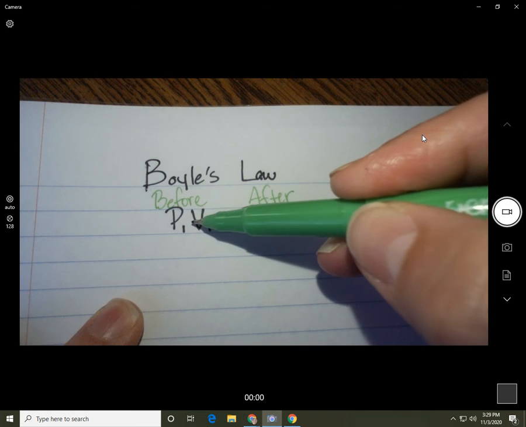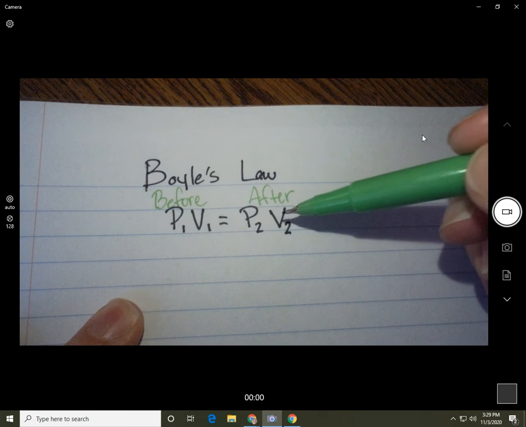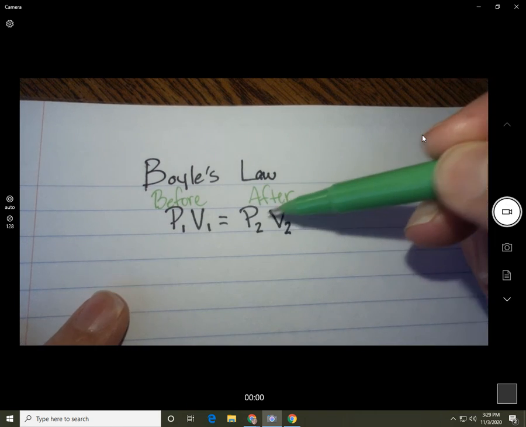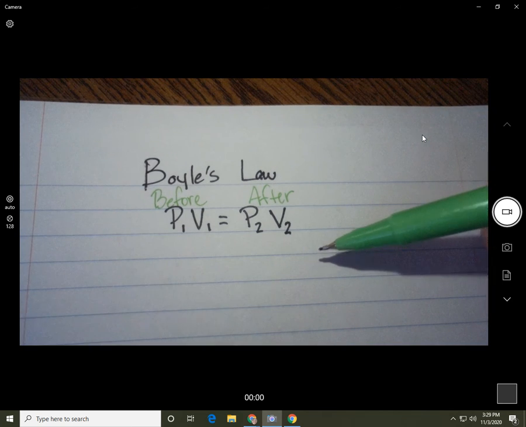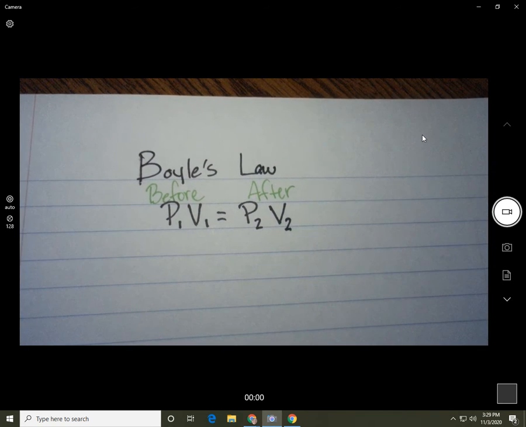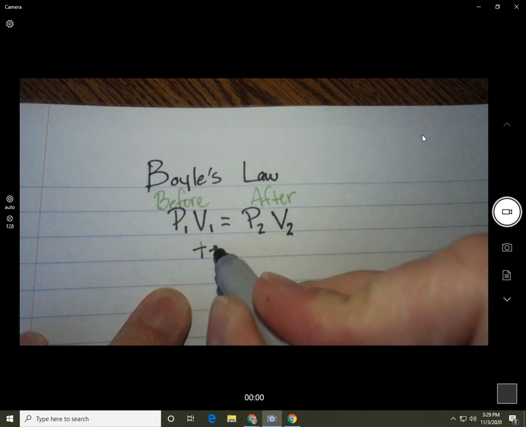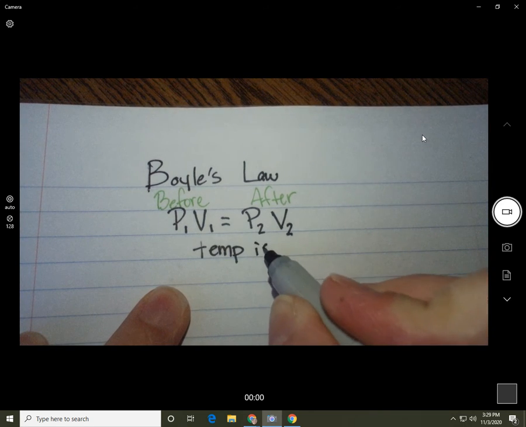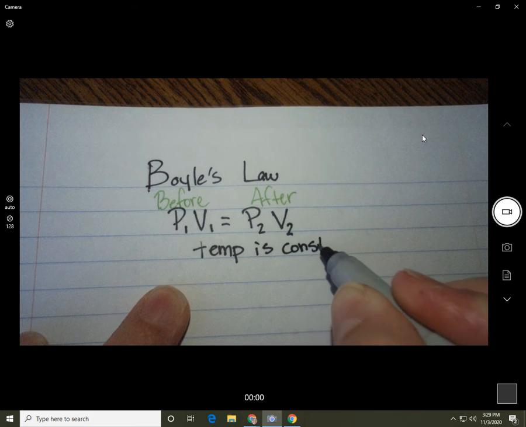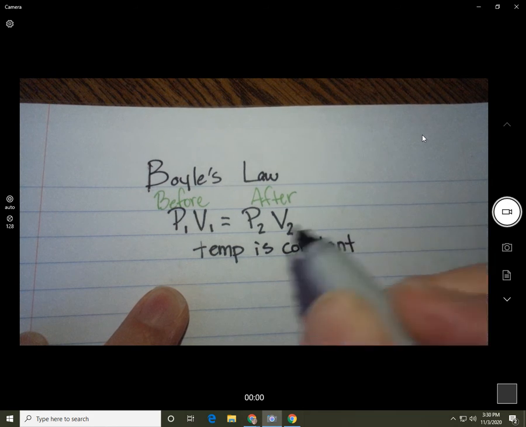So we have an initial pressure and an initial volume and a final pressure and a final volume that we're going to be looking at. For the case of Boyle's law, we want to remember that temperature is constant, or it doesn't change. It's always the same.